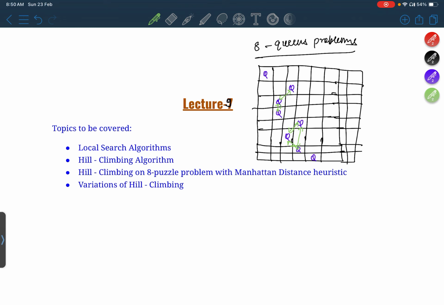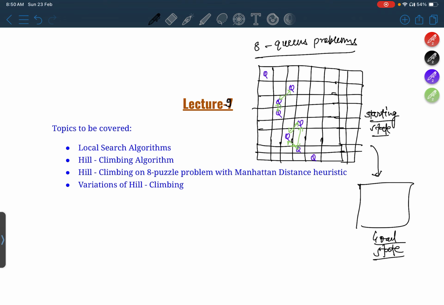So in this case, if we start with this as the starting state, do we really care about how queens should be moved in one action and what's the path from the starting state to the goal state?